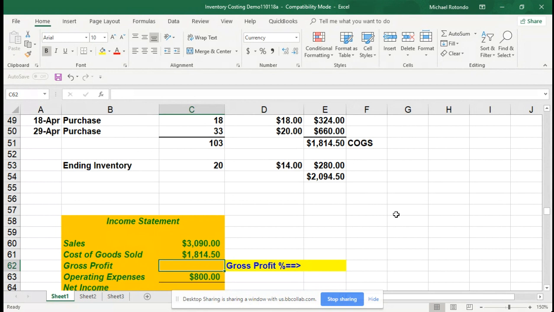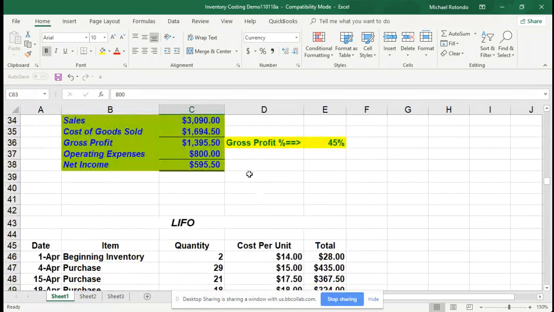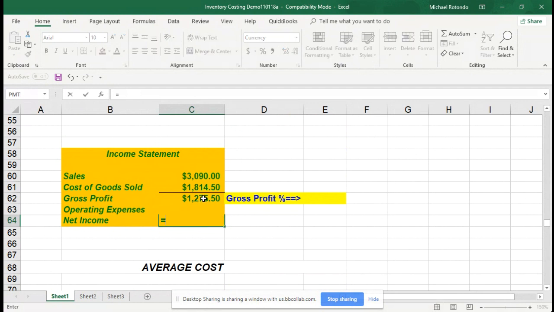We know that our gross profit is sales minus cost of goods sold. So it's $1275.50. Under FIFO, it was $1395.50. So lower, as we would expect. Therefore, our net income is going to be lower. We're going to take our gross profit minus our operating expenses. And we're going to end up with a net income of $475.50.